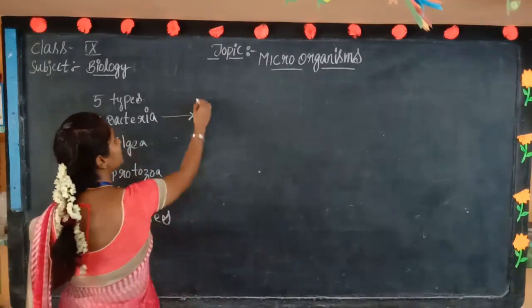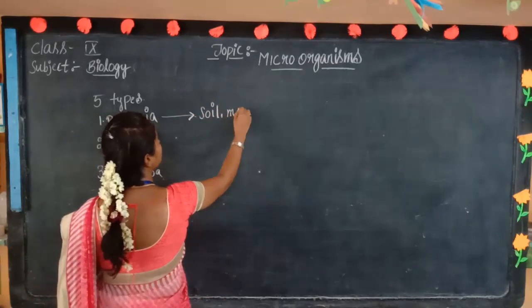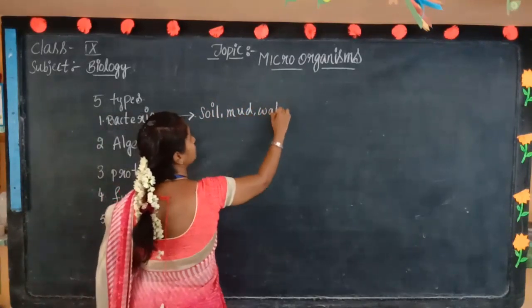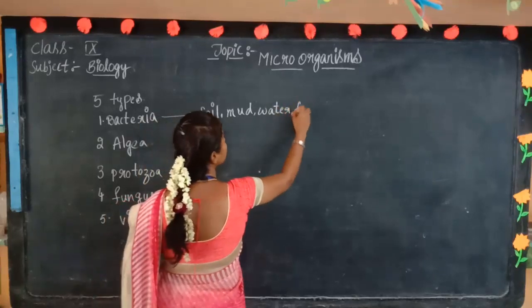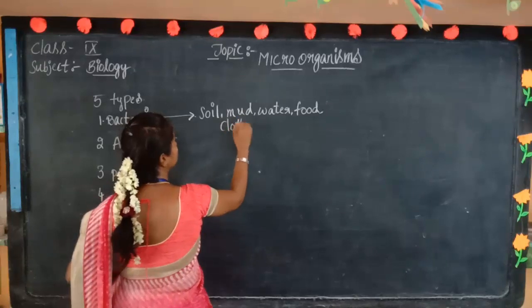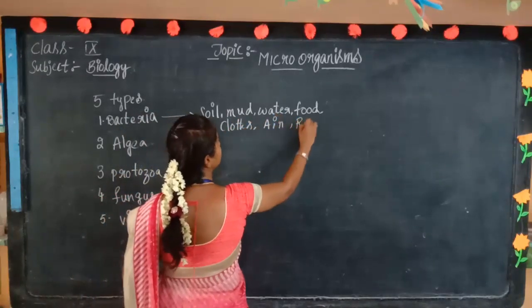Bacteria are present on soil, mud, water, food, clothes, air, and rocks.